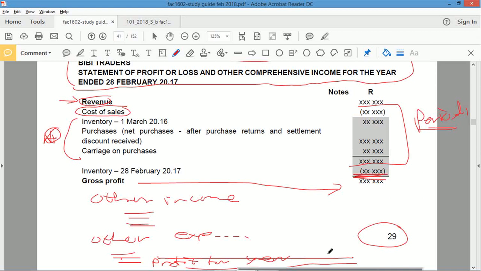So expenses, there are a lot. Where would you put profit on sale of an asset? Other income. Yes. Where would you put depreciation? Expense, good. So this is just what you could see in a question. Okay, let's get the format right.